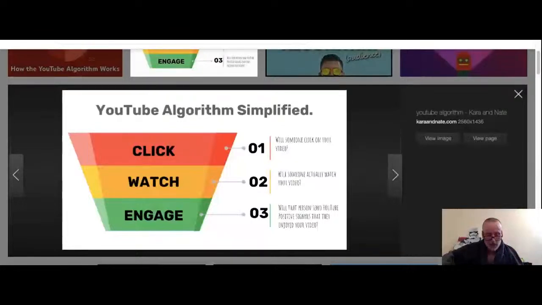I've been trying to understand the logic of the algorithm, so I found a picture that will demonstrate the meaning of the algorithm. Your first part of the algorithm system is the all-important click.